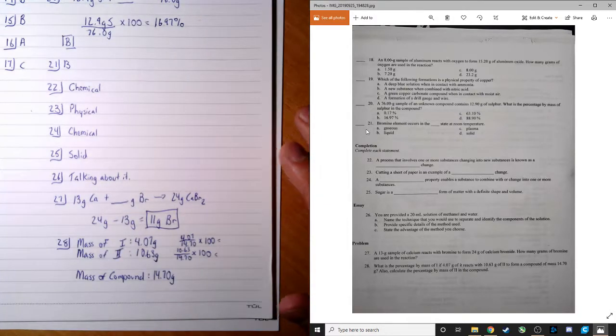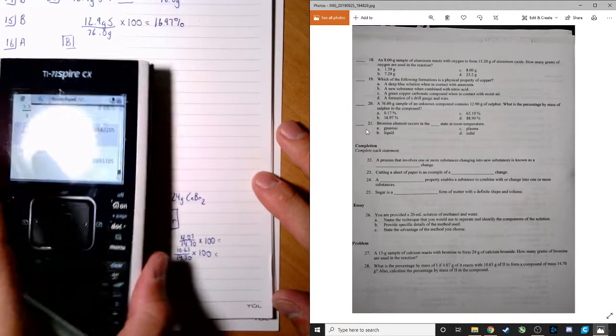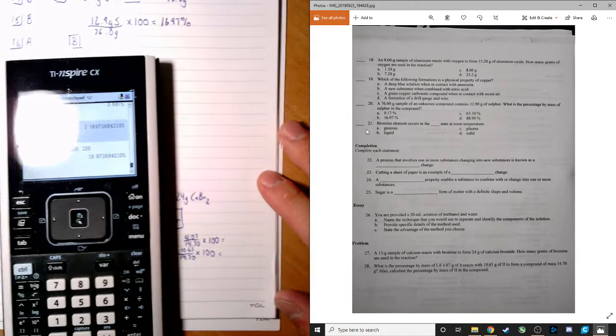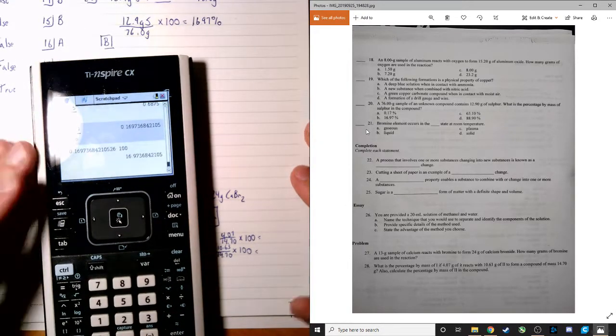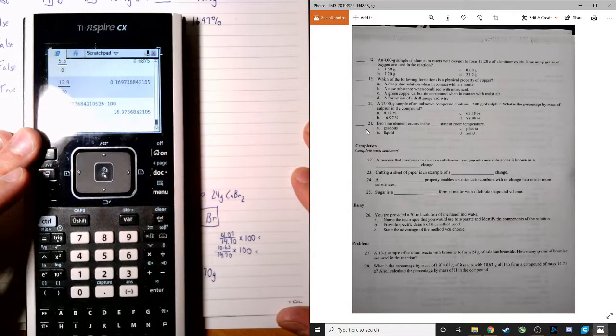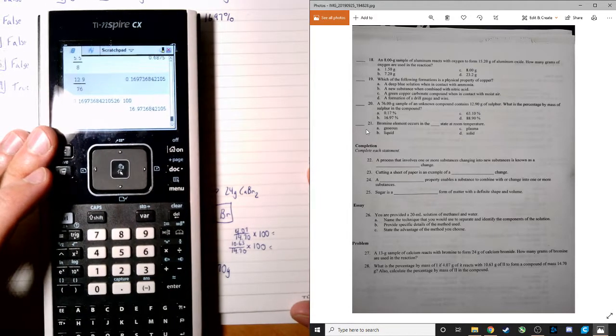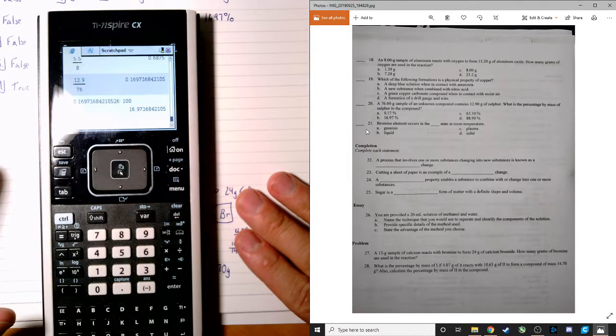All right. So in comes the calculator. My lamp is in the way. It's shining a light. Try to get it to focus.